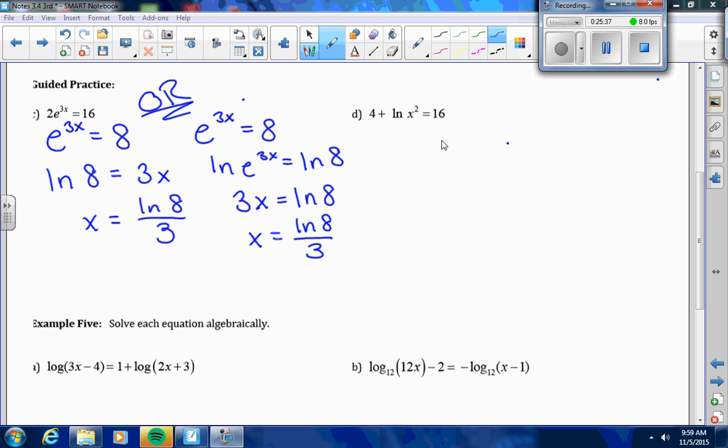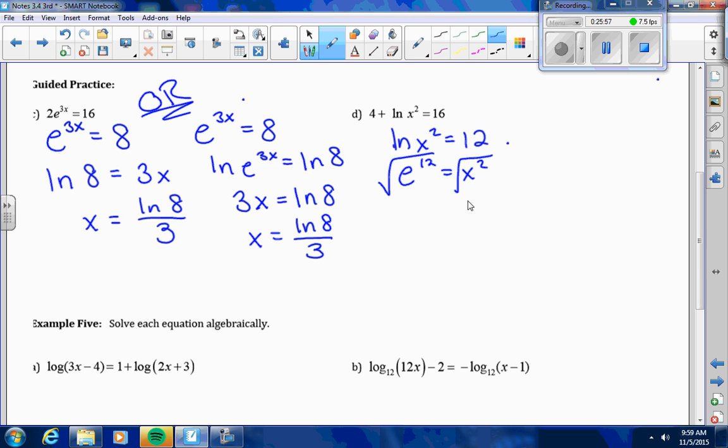On the other, we need to subtract 4 from both sides. So natural log of x squared equals 12. I could change it to exponential form. So e to the 12th equals x squared. Square root both sides.